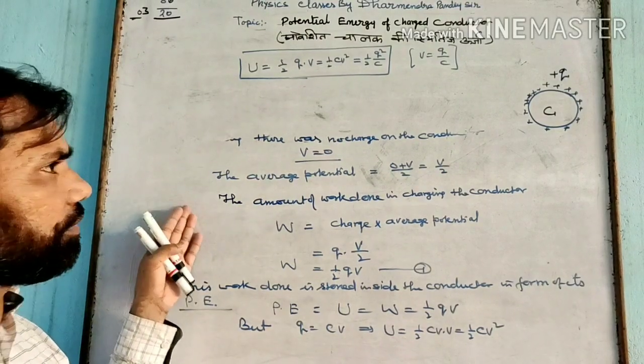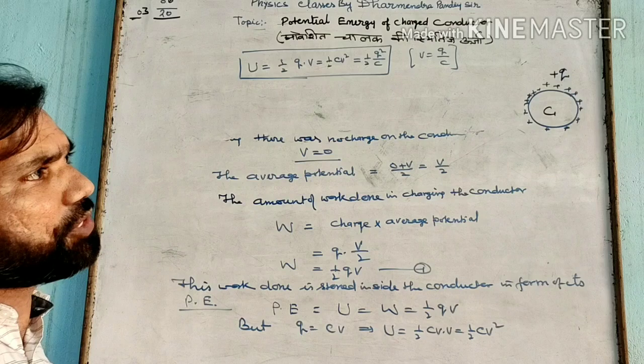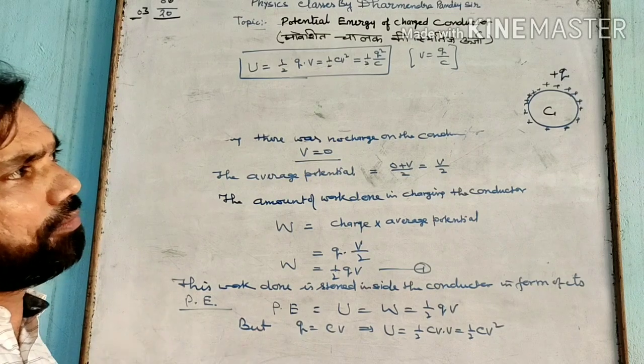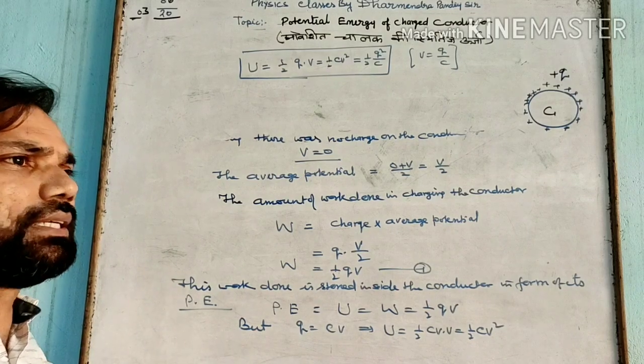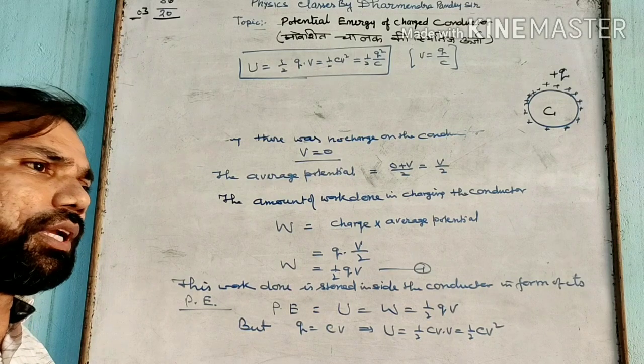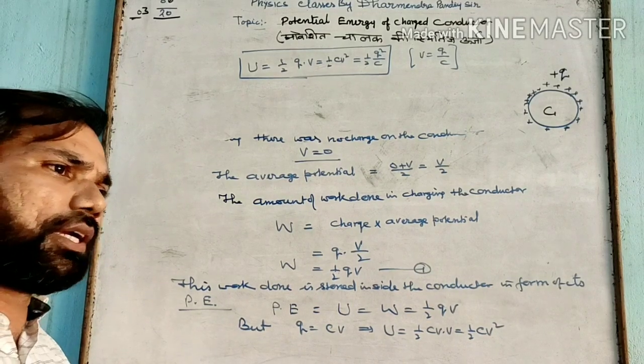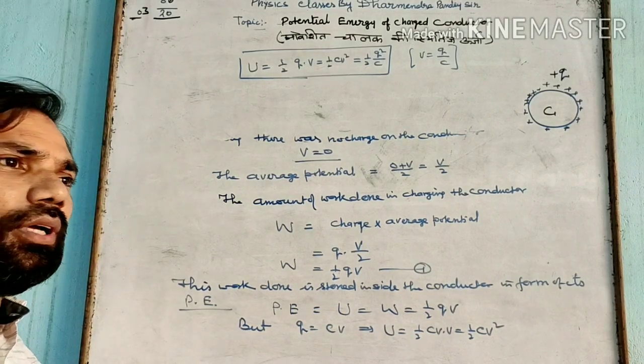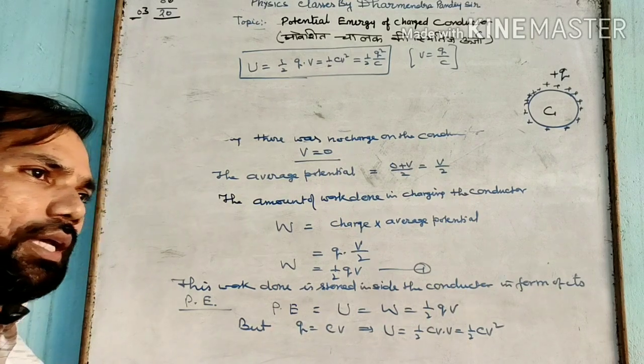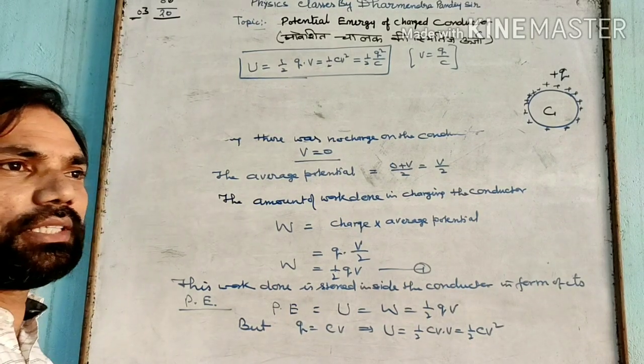If you write the definition of electrical potential energy of a charged conductor, then this is defined as the amount of work done in charging the conductor, which is stored in the form of potential energy.